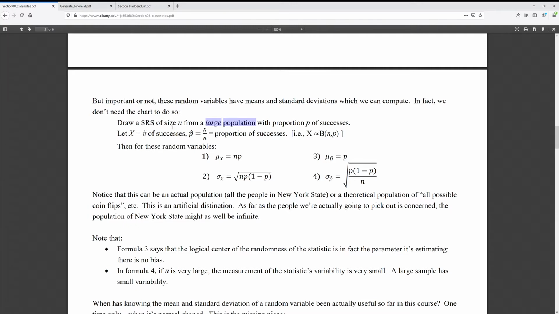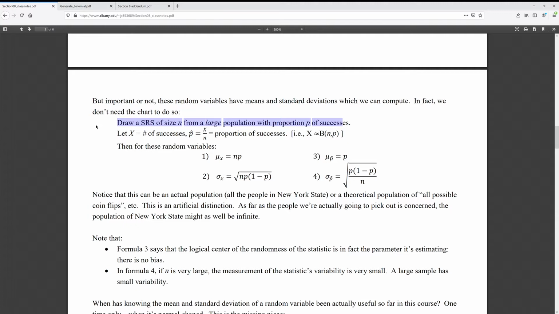Draw a simple random sample of size n from a large population, with proportion p of successes. Now again, I've said this in a way that's handy for the future, but remember, some populations are more theoretical than others. You can pick 2,500 people from hundreds of millions who may or may not like action movies, and 60% of them do, p is 0.6.